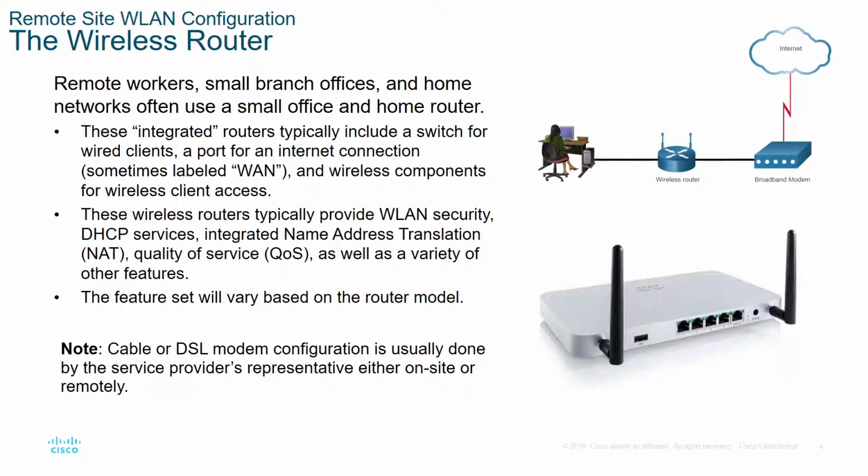These wireless routers typically provide WLAN security, DHCP services, integrated network address translation, NAT, quality of service, QoS, as well as a variety of other features. The feature set will vary depending on the router model. Note, cable or DSL modem configuration is usually done by the service provider's representative, either on-site or remotely.